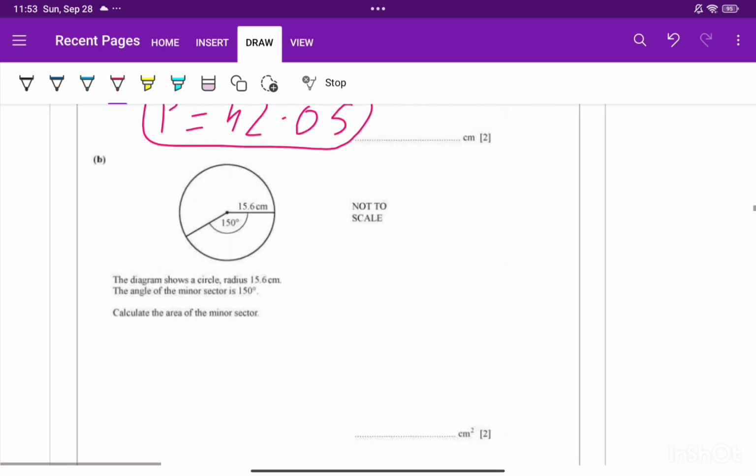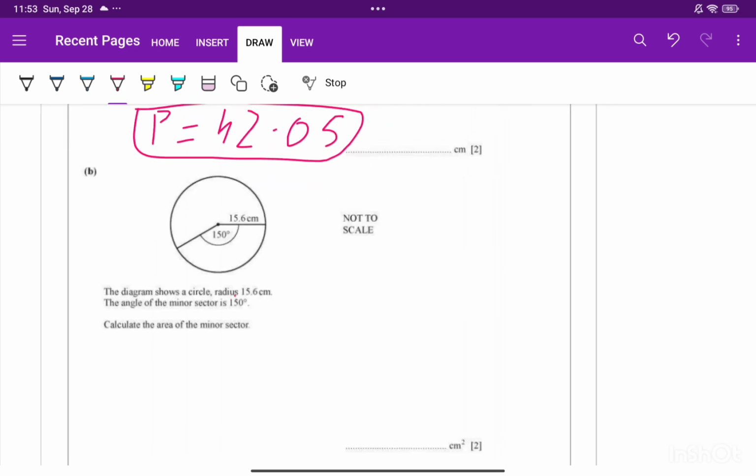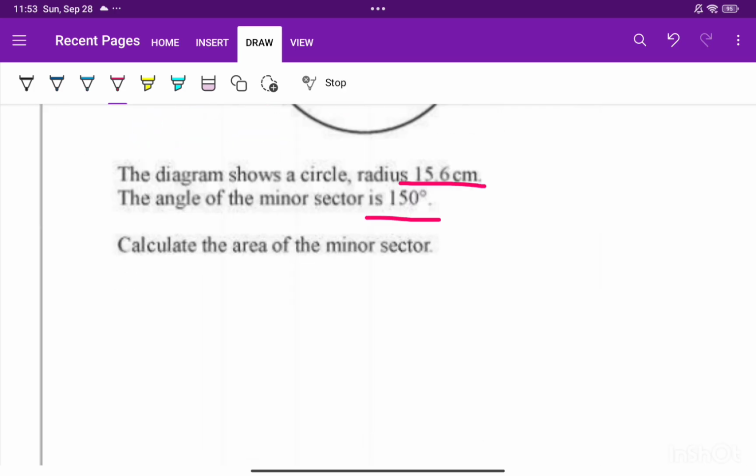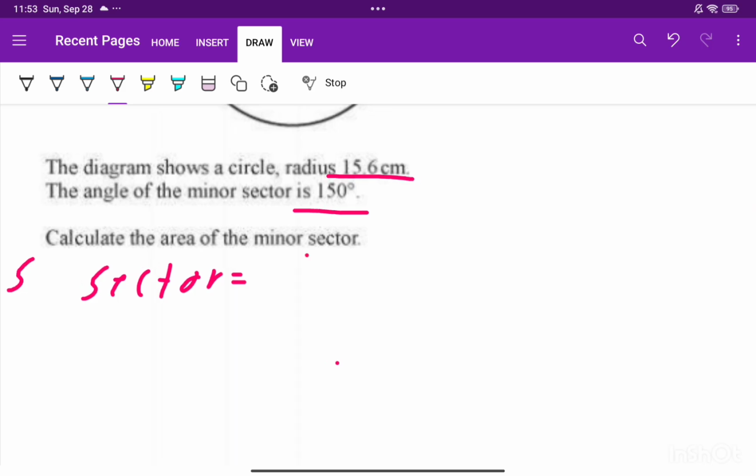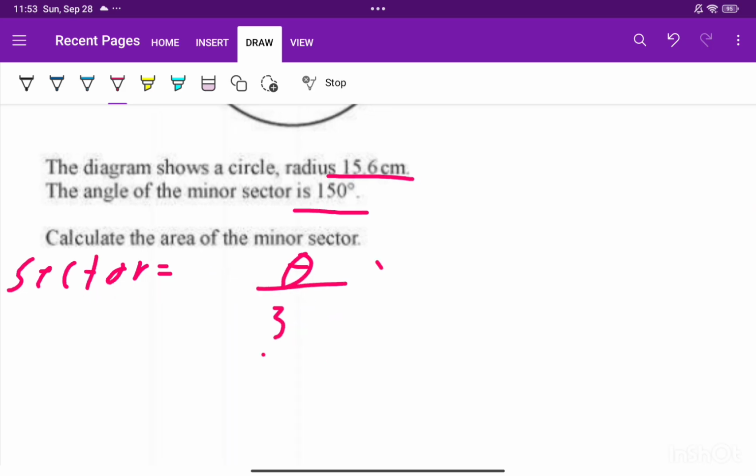Now let's move to part B. The diagram shows a circle of radius 15.6 centimeters. The angle of the minor sector is 150. Calculate the area of the minor sector. The area of a sector formula is angle upon 360 multiplied by pi r squared.